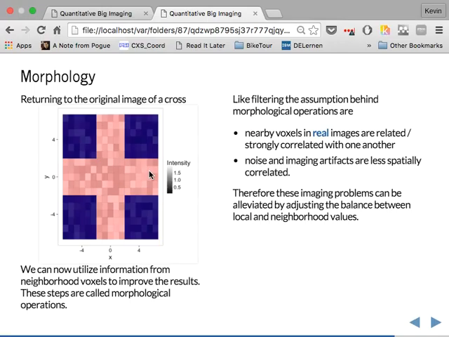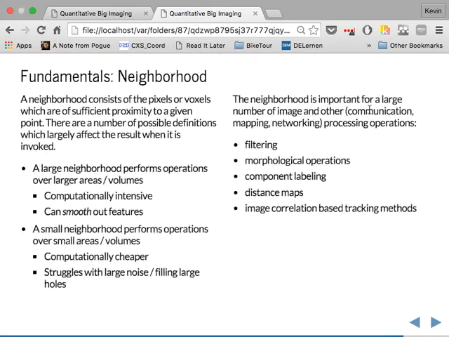This is a slightly stronger approach than just filtering because it's more aggressive in how it handles the image. It's an all or none kind of approach, which allows it to change your image more quickly, and it only looks at binary values, so 1 or 0.